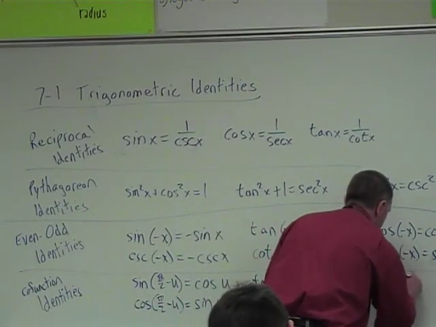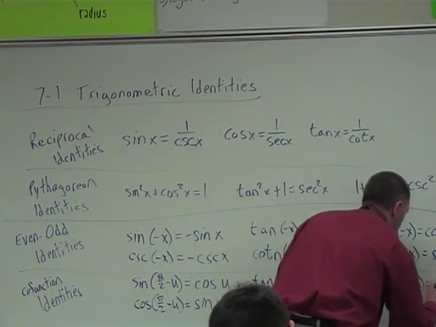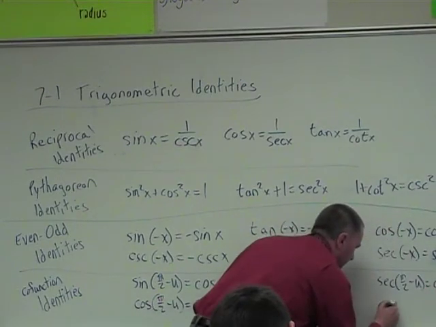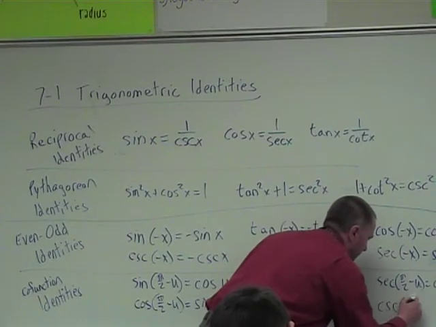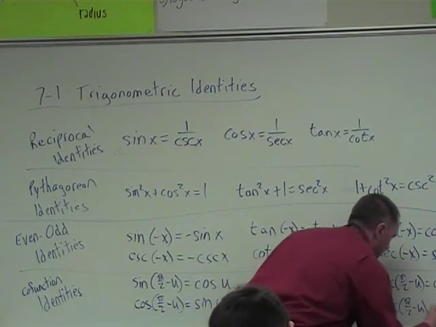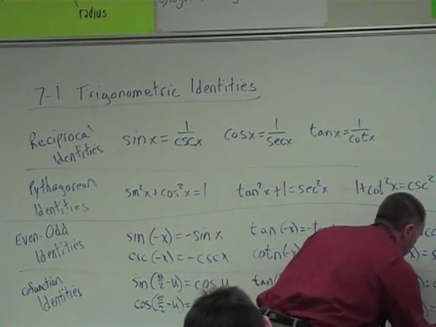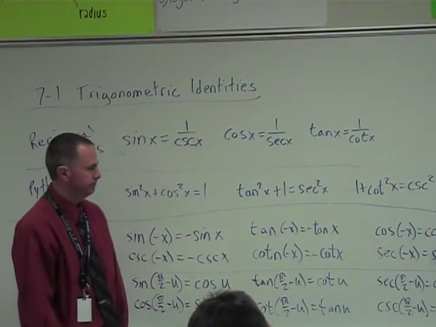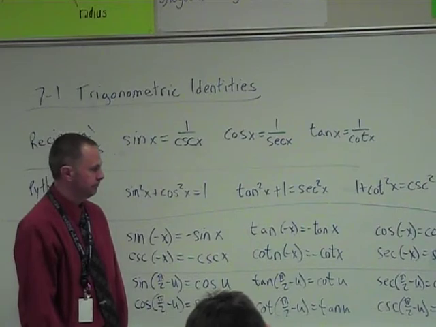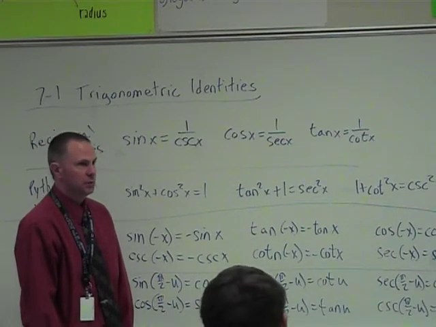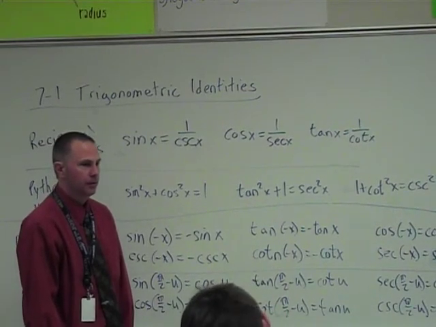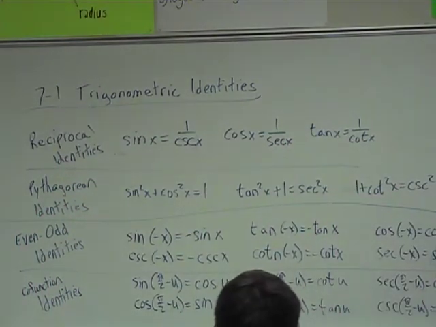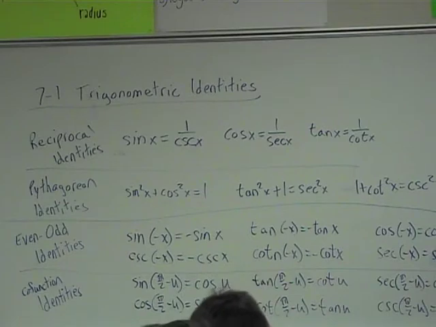Secant of pi over 2 minus u equals cosecant of u, and vice versa. Okay? Alright, now that you have that down, keep that out in front of you. We're going to do some examples here.